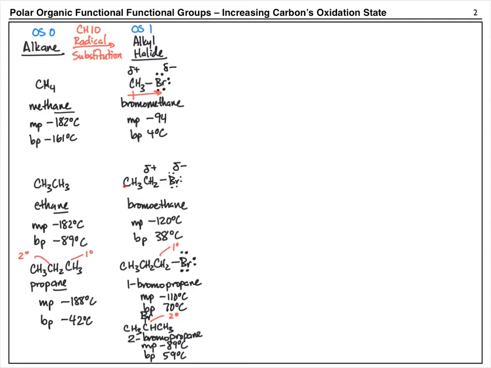This carbon is still at an oxidation state of 0. It's a bond to carbon and 3 bonds to hydrogens. So we call that 0. This is 1. This is an oxidation state of 1. This carbon now is an oxidation state of 1. So far we've increased polarity by doing substitution of H for halogen. We're going to learn another type of substitution reaction in Chapter 7.